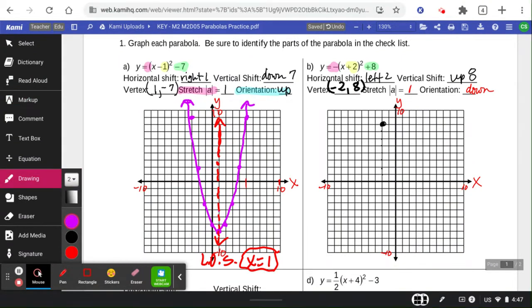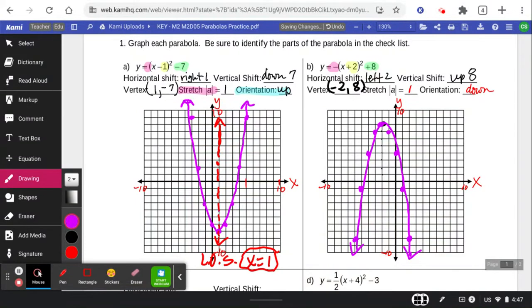This one's going to go out 1, down 1 from that vertex, out 2, down 4 on both sides, out 3, down 9, and out 4, down 16. And connect it.